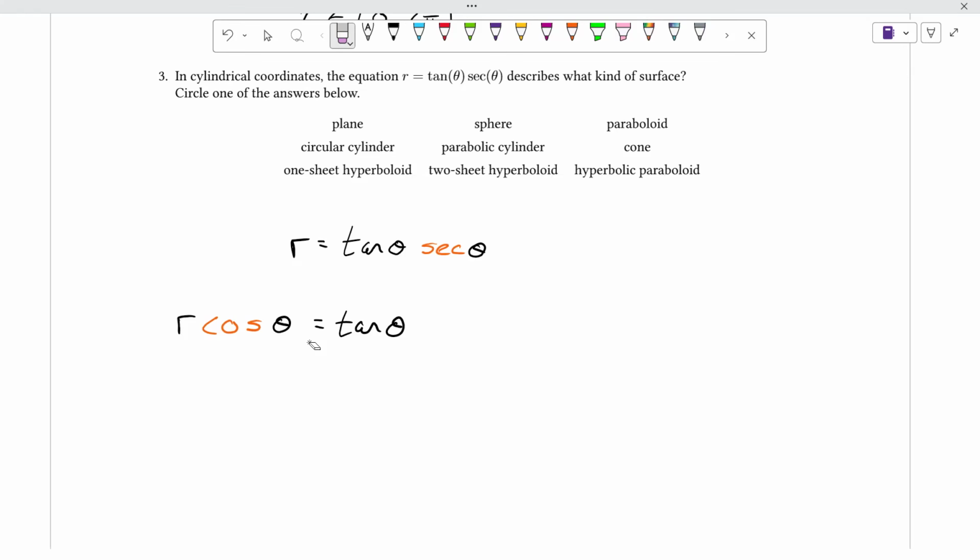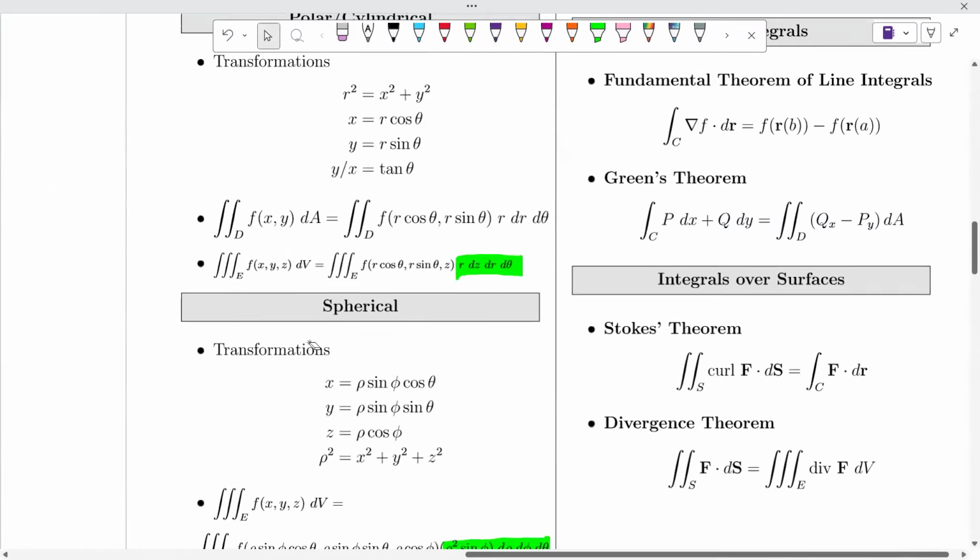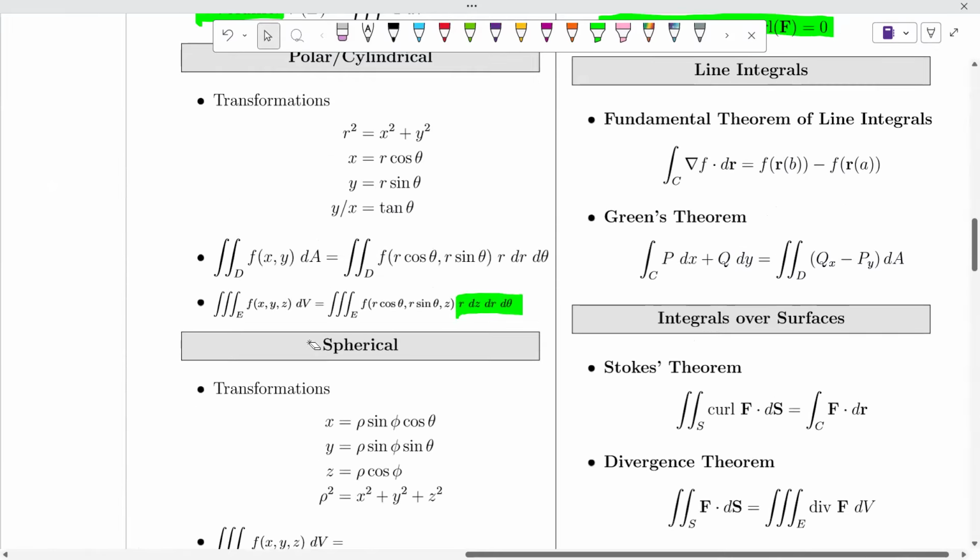So r equals tangent theta secant theta is the same as r cosine theta equals tangent theta. And then these two pieces have particularly nice substitutions from polar coordinates. In fact, if we look over there, we have these two, x equals r cosine theta and y over x equals tangent theta.